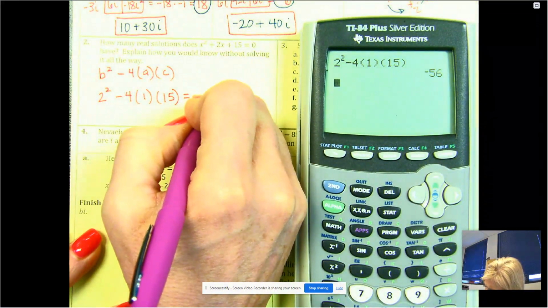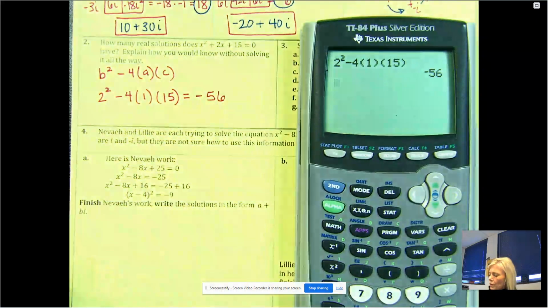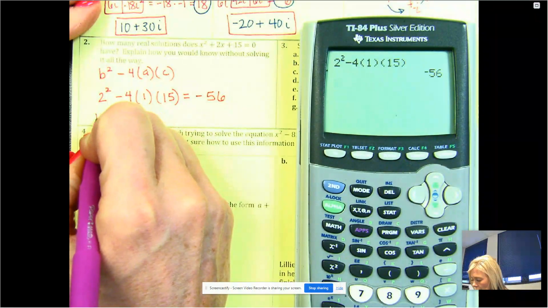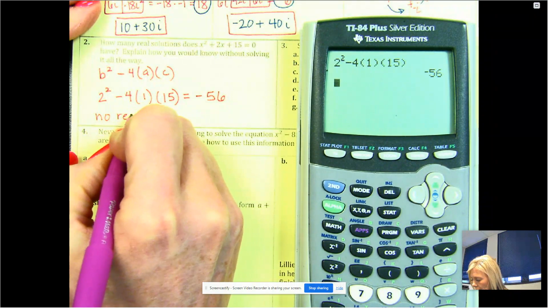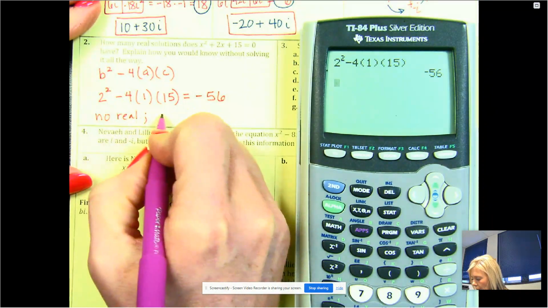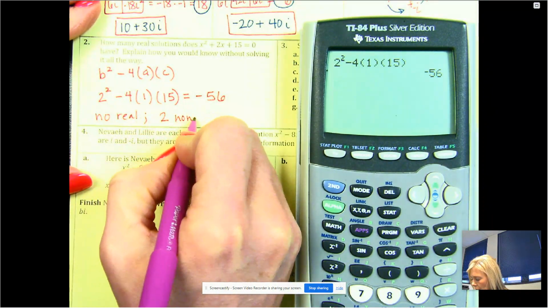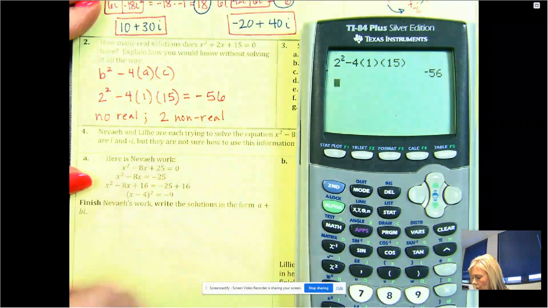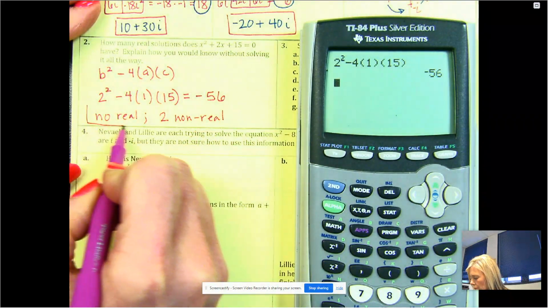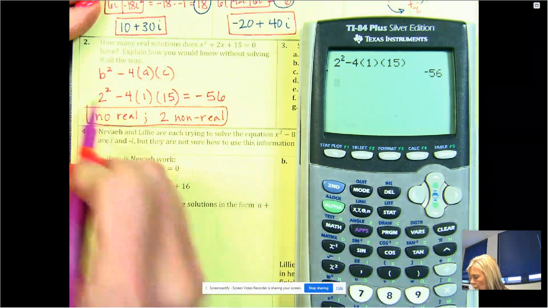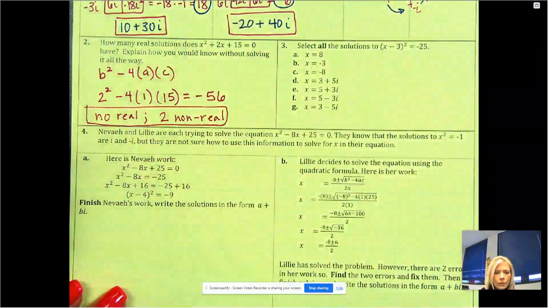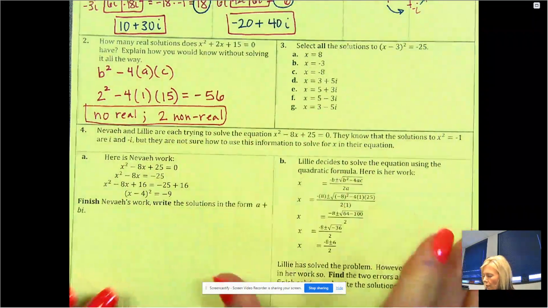So since this is a negative answer, you're going to be evaluating the square root of a negative number. So how many real solutions? There are no real solutions. However, there are 2 non-real solutions, because that's a negative number.